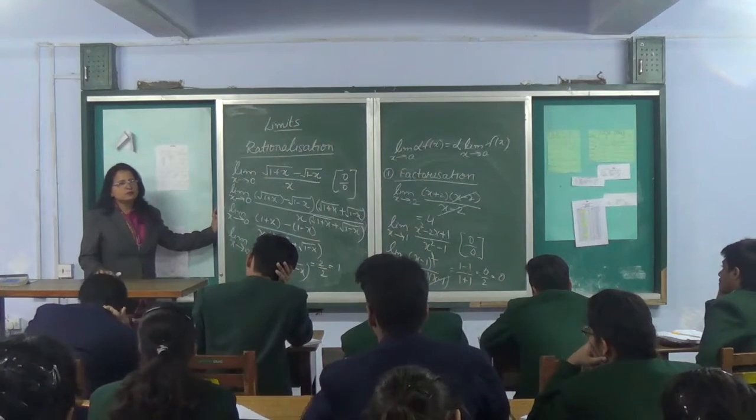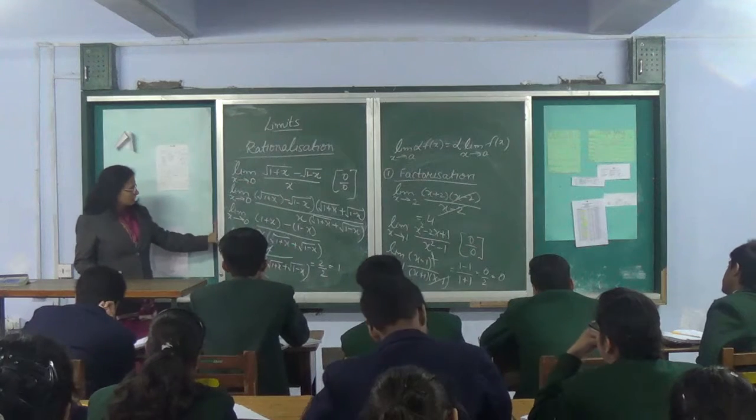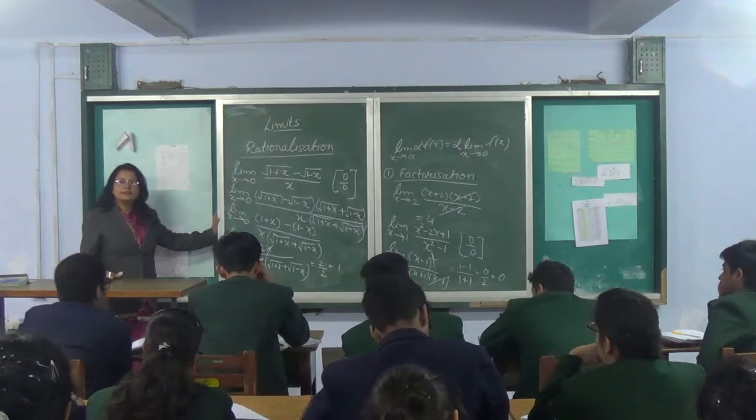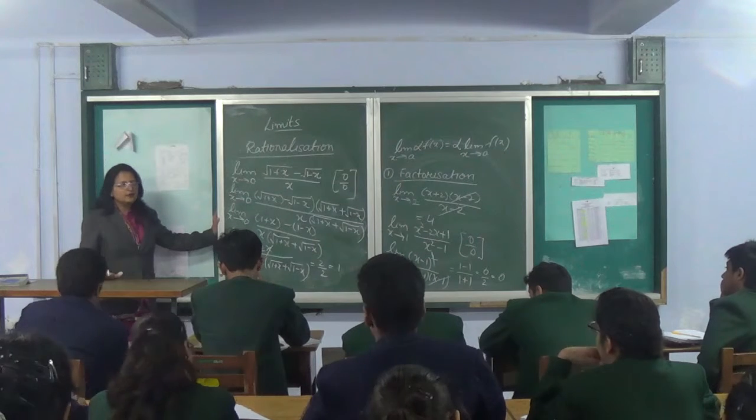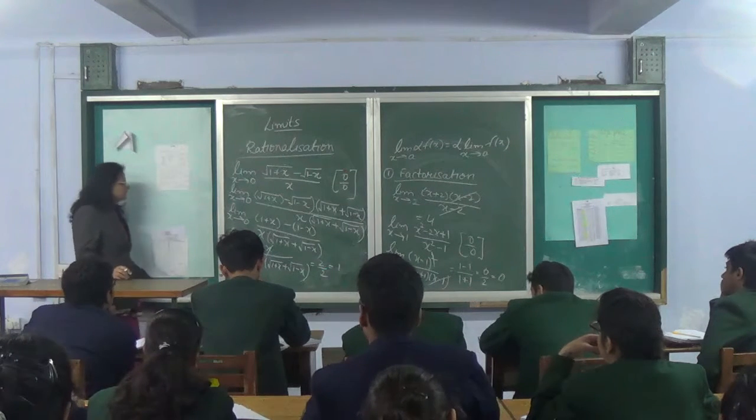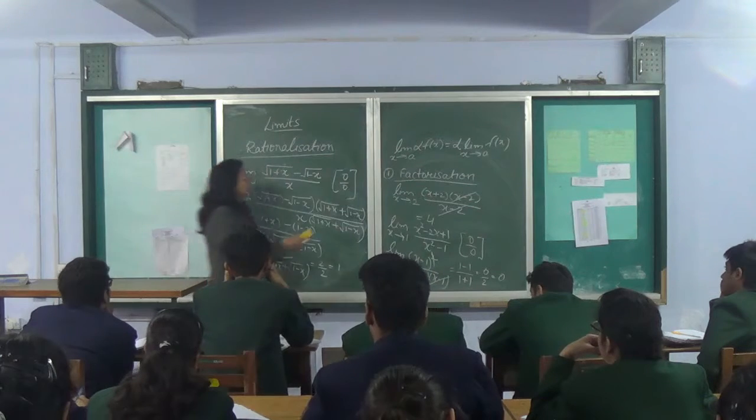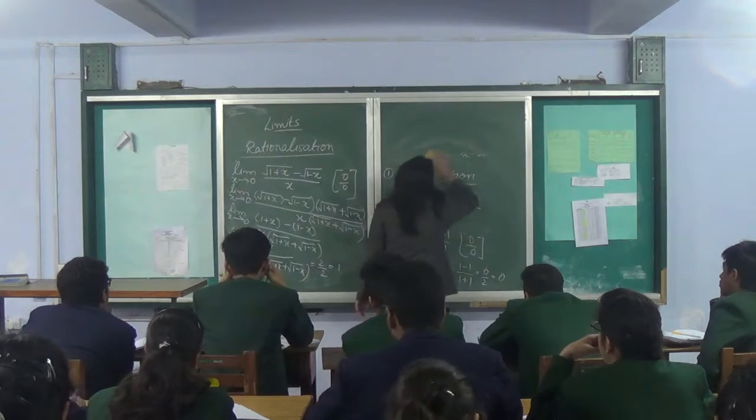This is how we use rationalization for evaluating the limit of an algebraic function. Right? Now, the next is the special form.